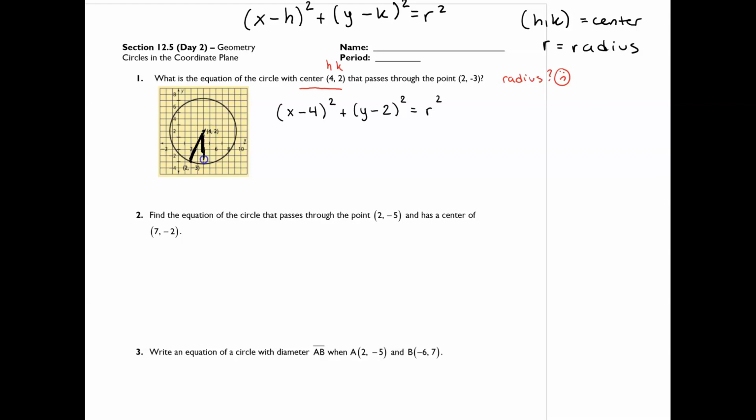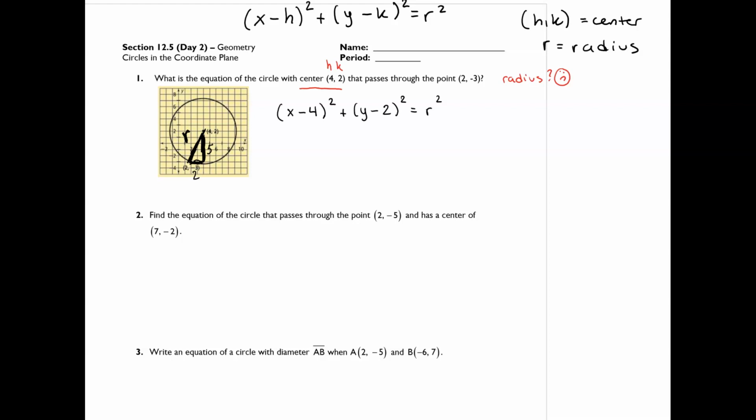If I drop this down this way and this over here, you can make a right triangle to calculate your radius, which I think is a good way to do it. But what happens if you don't have the picture? I'm going to pretend like we don't have this to look at, even though if you know that this length is 5 and this length is 2, you can do a quick Pythagorean theorem to find it. Let's figure out r the algebraic way.